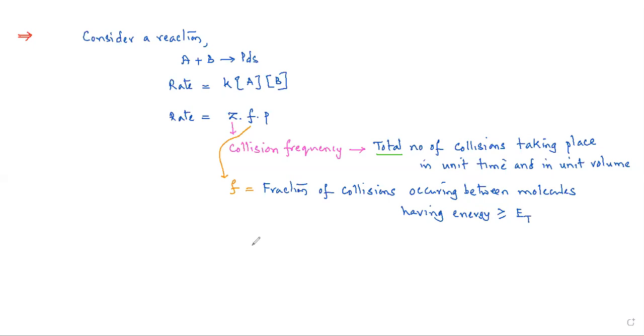So out of the total number of collisions, only those collisions occurring between molecules having energy greater than or equal to threshold energy is given by this F.